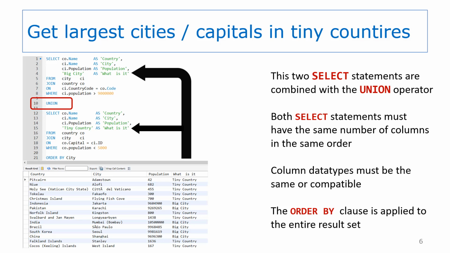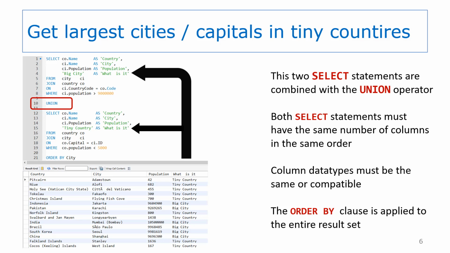As shown here, I'm using the What Is It column to identify which select statement produced the row in the result table. Strictly speaking, you probably won't need to have a column like the What Is It column. I'm using it here just to show that the two select statements each provide rows that are in the combined result set.